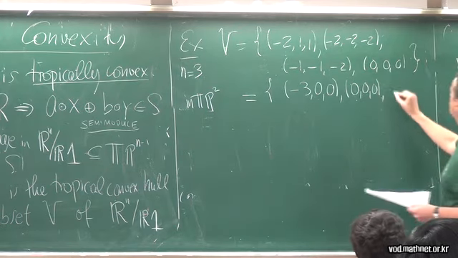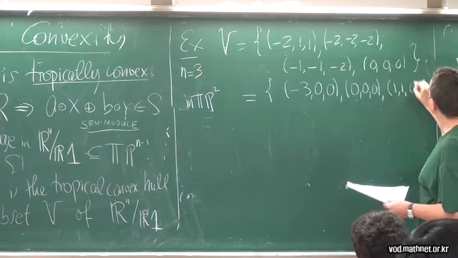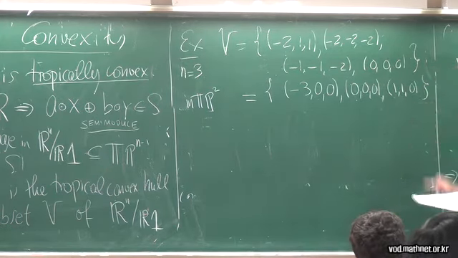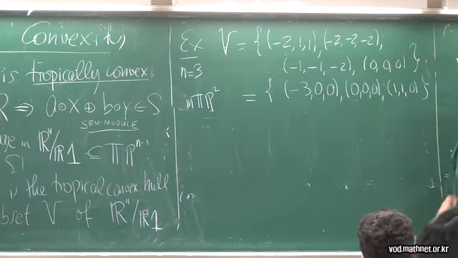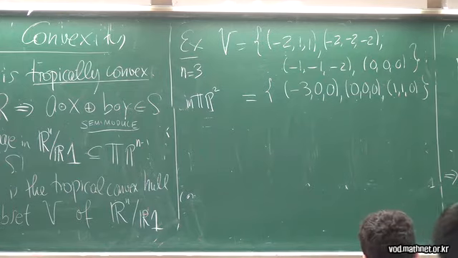We multiply this by 2. We get 1, 1, 0. And the last one, these are the same. This point and that point are the same in the projective plane. Okay, so we really only have 3 points. So we have to take the tropical convex hull of 3 points in the plane. We call such a thing a tropical triangle. Okay, we're going to now calculate this tropical triangle.